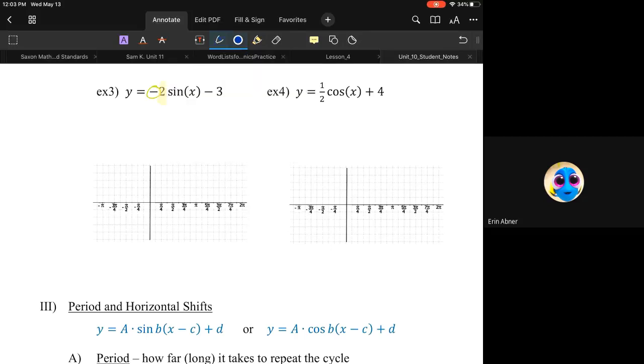So let me graph that one and set up my graph. So 2, 4, negative 2, negative 4. Okay. Graphing sine.